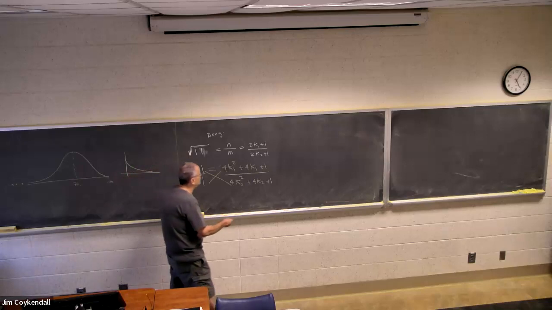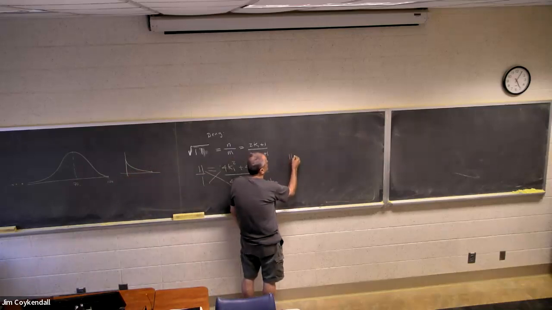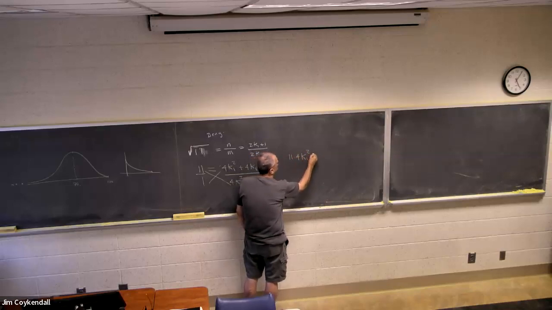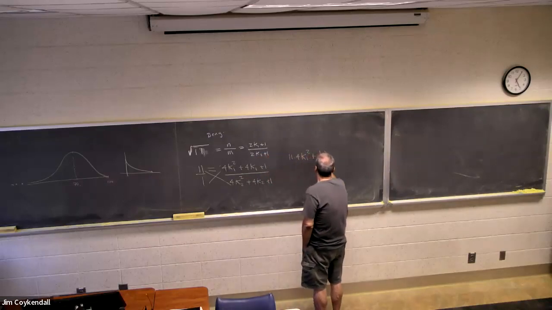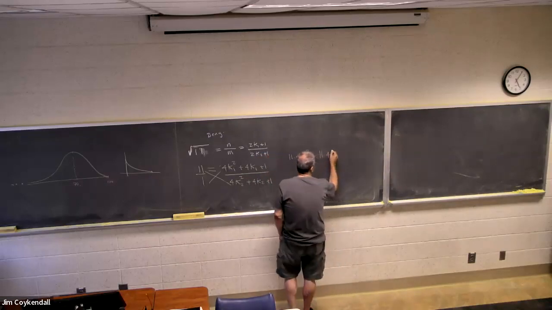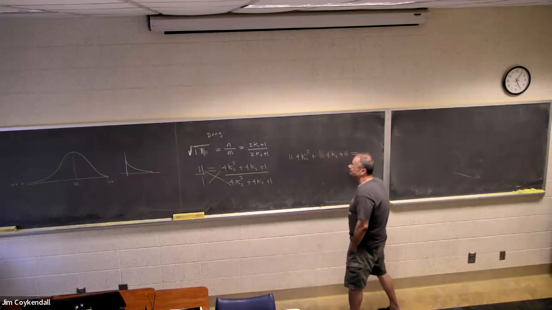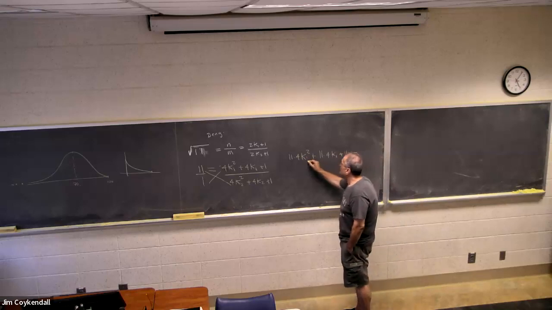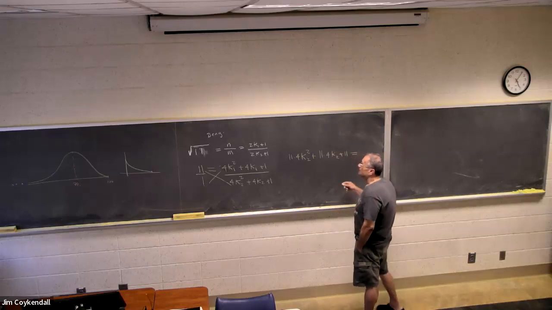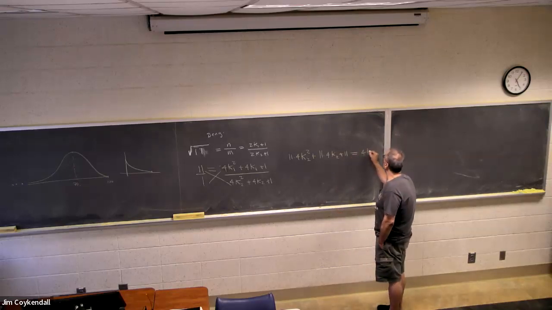What this means is 11 times 4k2 squared plus 11 times 4k2 plus 11 equals 4k1 squared plus 4k1 plus 1.